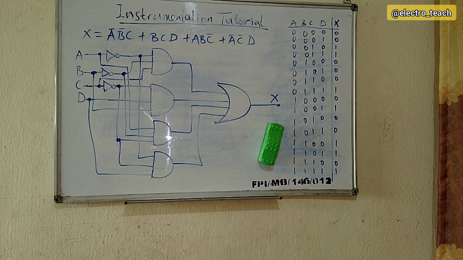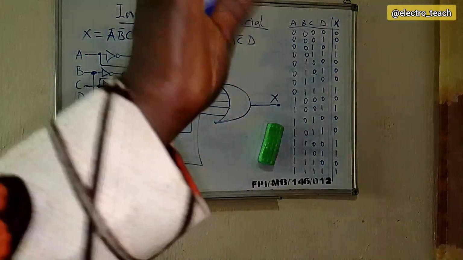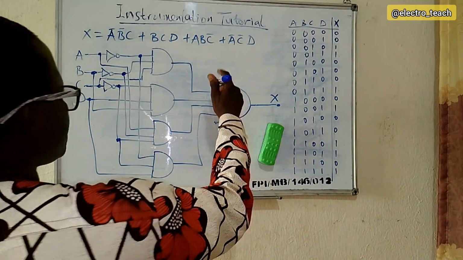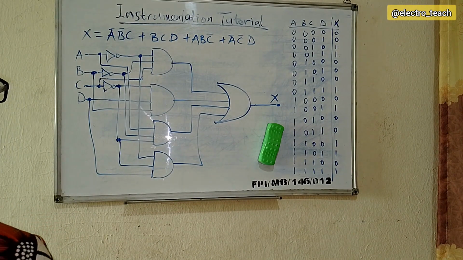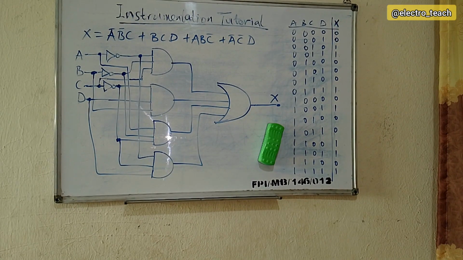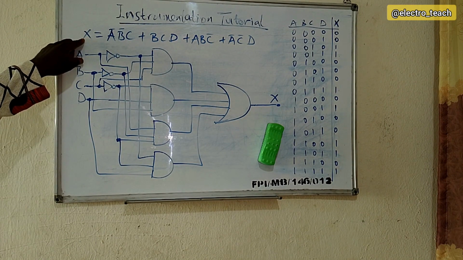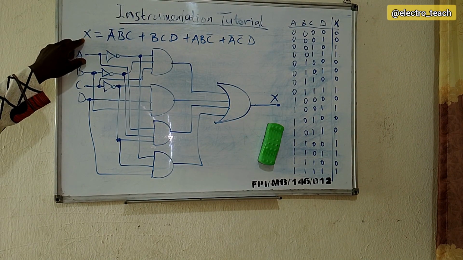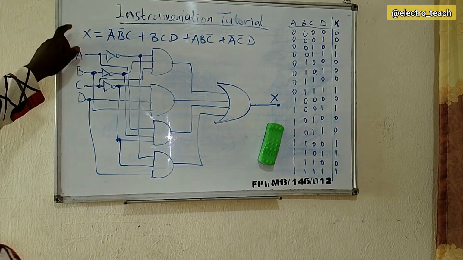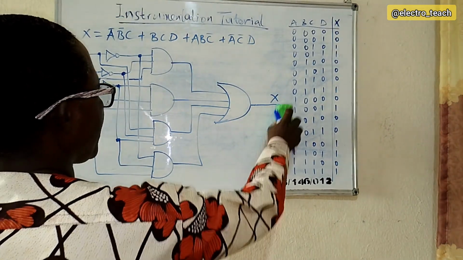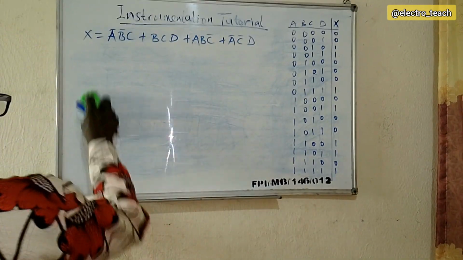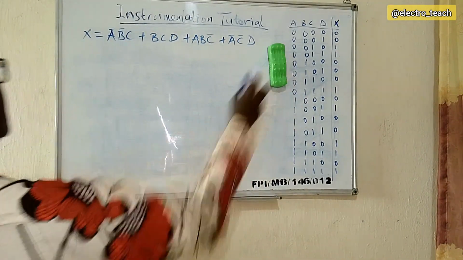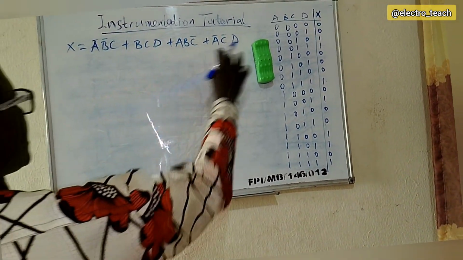So we need to rub this off to actually do the conversion from a sum of products to a product of sums. Okay? So we apply De Morgan's theorem. Okay. So let's look at that.